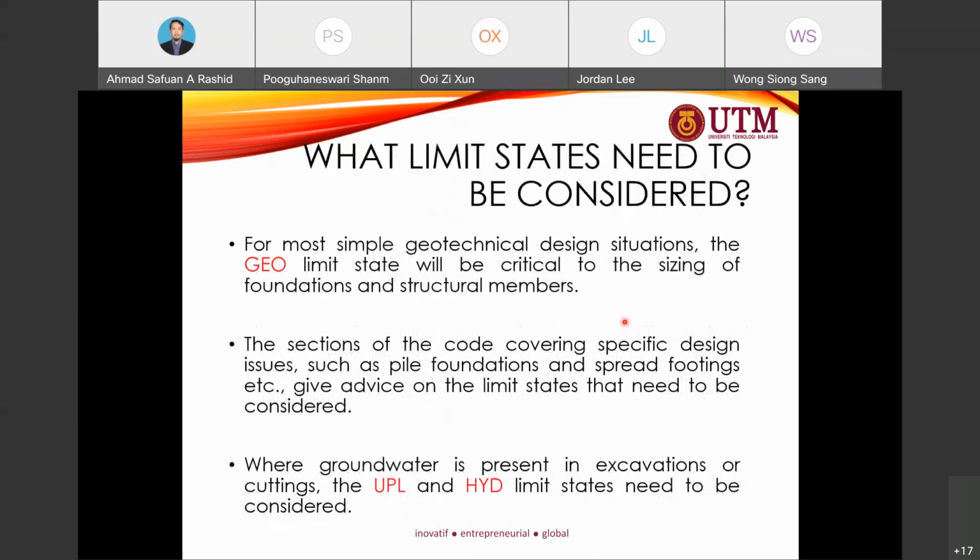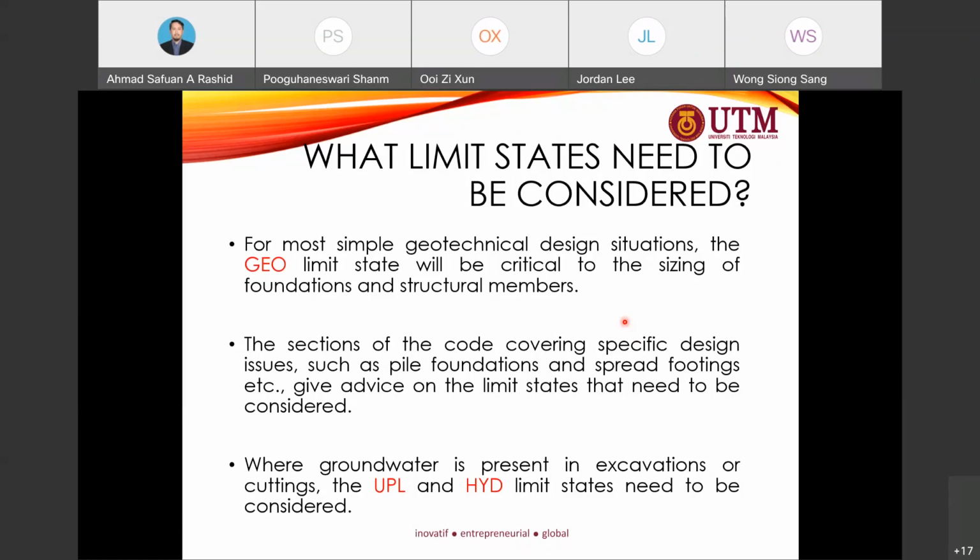For most simple geotechnical design situations, the GEO limit state will be critical to the sizing of the foundation and structural members. The sections of the code covering specific design issues such as pile foundations and spread footings give advice on the limit states that need to be considered.